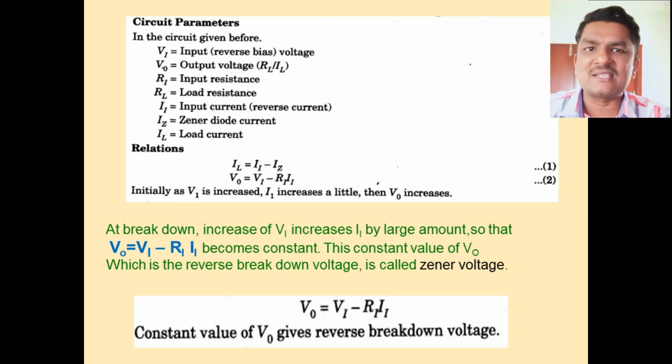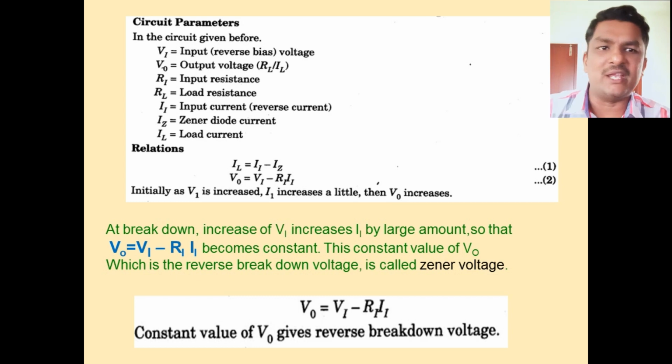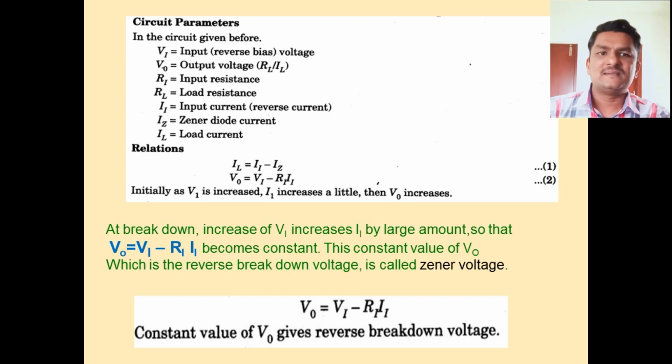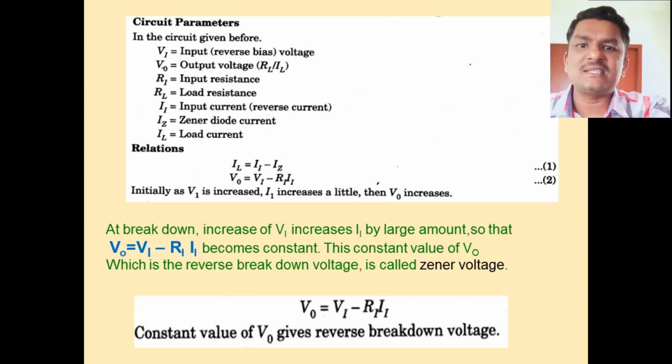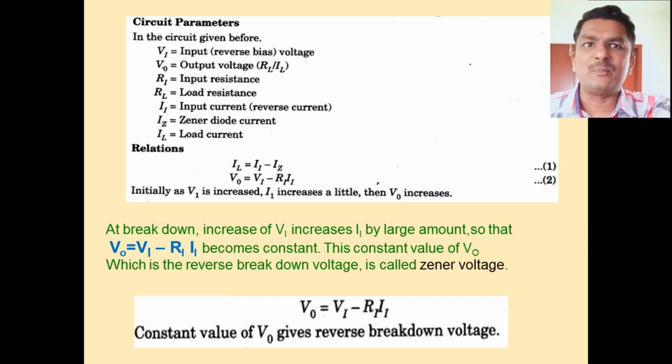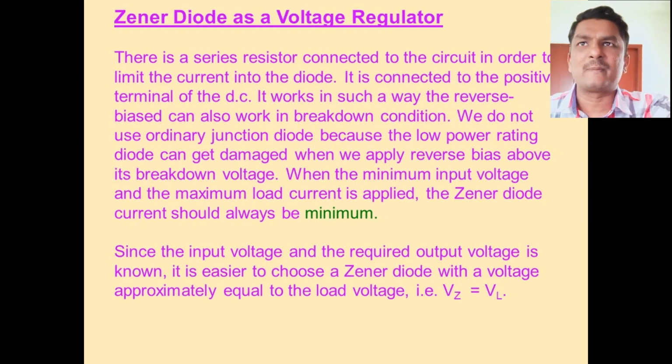This constant value VO, which is the reverse breakdown voltage, is also named the Zener voltage. Okay, VO remains constant. Actually, this information is important for problem solving purposes.